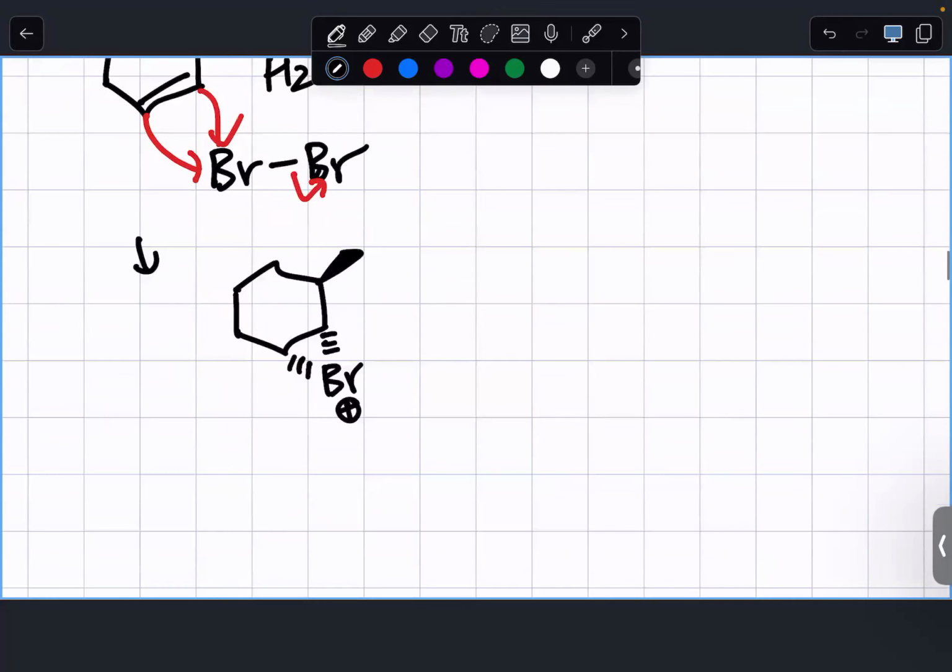And then from here, we are going to use water to attack the more substituted side. But we see that these carbons here are equally substituted. So the water could either attack this carbon or that carbon right there, giving you two different products. So let's do that. I'm going to show the mechanism of only one of them, so then I can just draw the products for the other one.